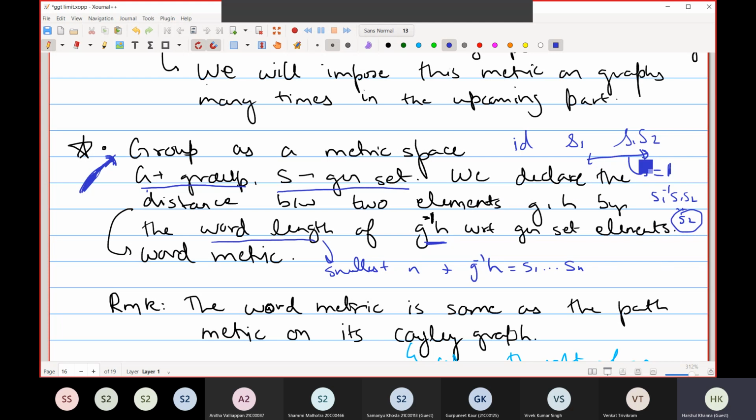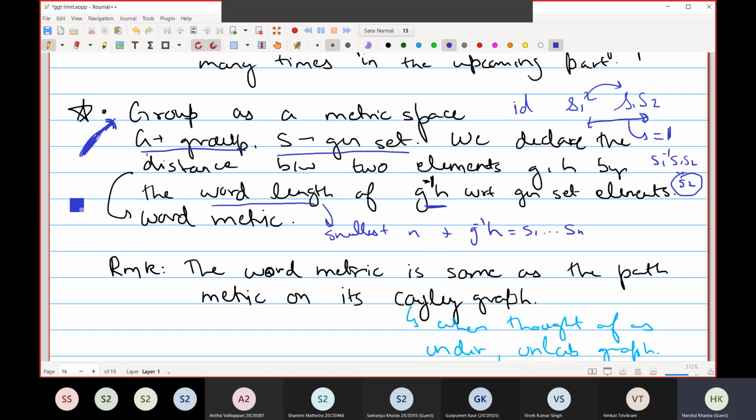The distance between these two elements is 1. Similarly, you can do it for any two elements. You take the element G inverse H and look at the word length of that word. This is an algebraic definition, or algebraic way to represent it.